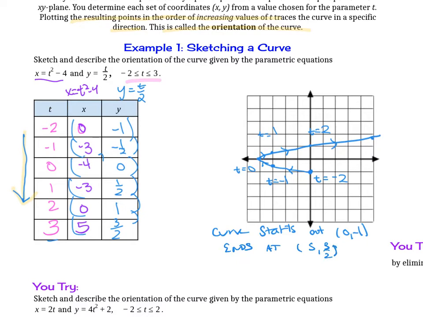In the homework it's going to ask you to describe the orientation. We could say that it moves, well, I can't say from left to right. I mean, it kind of does. We can probably say it moves in a clockwise direction. And that might help you out with the homework.